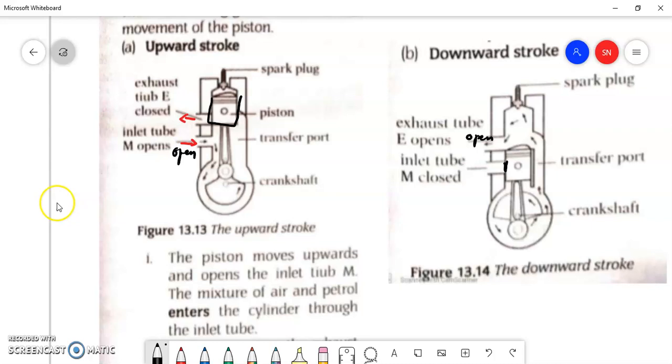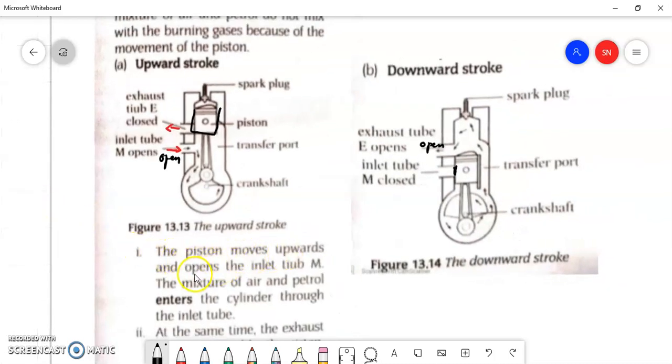First, the piston moves upwards and opens the inlet valve. The mixture of air and petrol enters the cylinder through the inlet valve, which is open because the piston moves upwards.